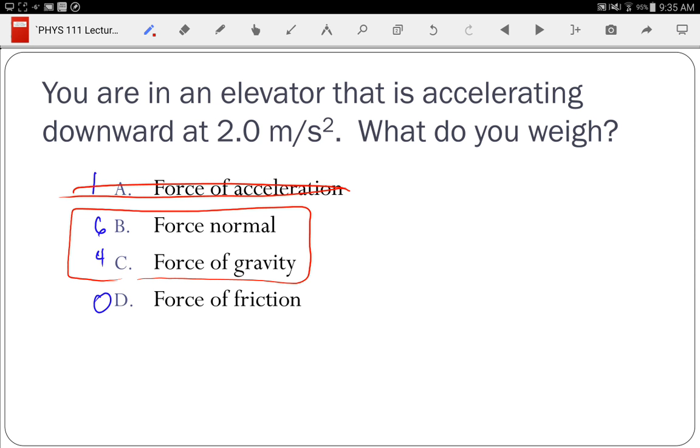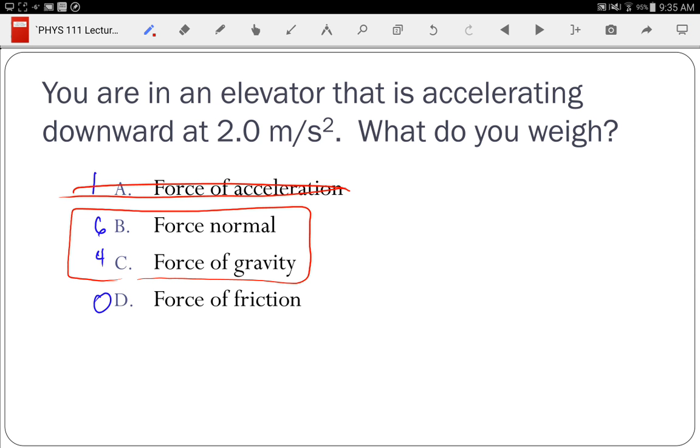Okay, because your weight is the force that the earth is pulling down on you. That's a common definition of weight. And so it would be a fair answer for you to say, well, it's the force of gravity because that's the force that the earth is pulling me down with. So that's a fair answer.